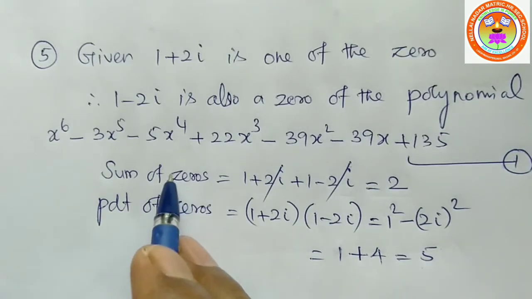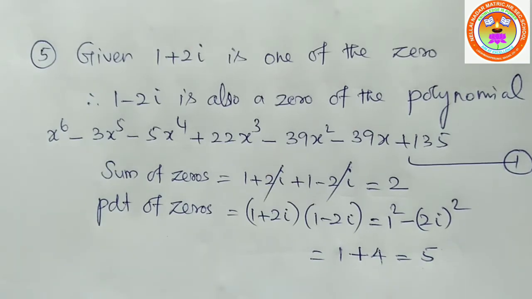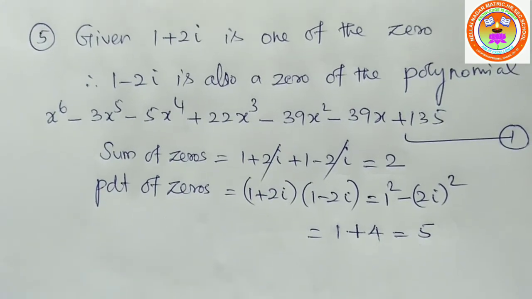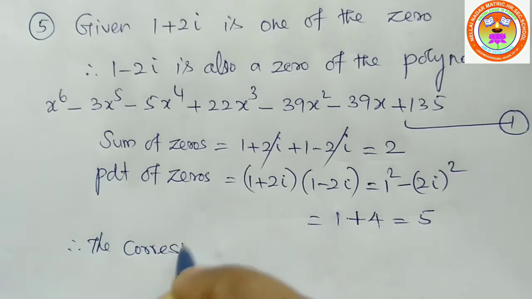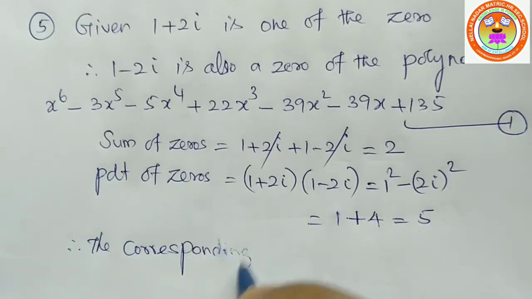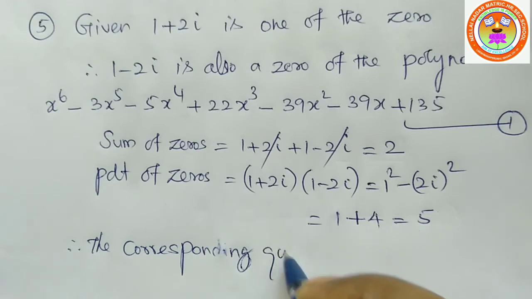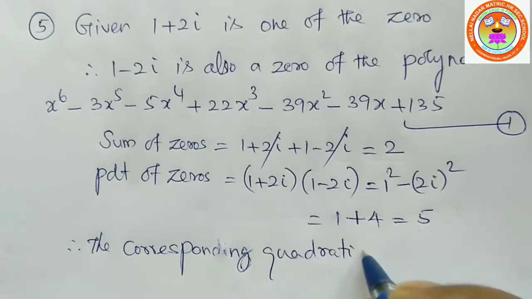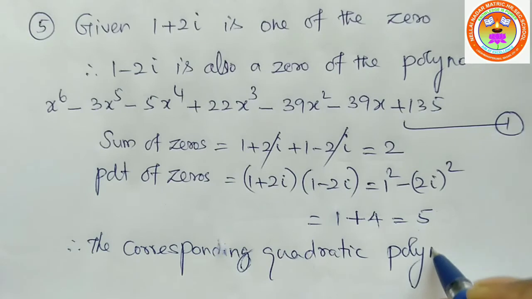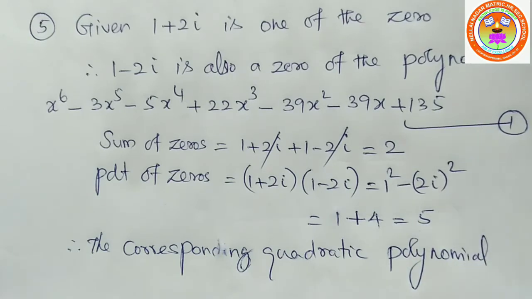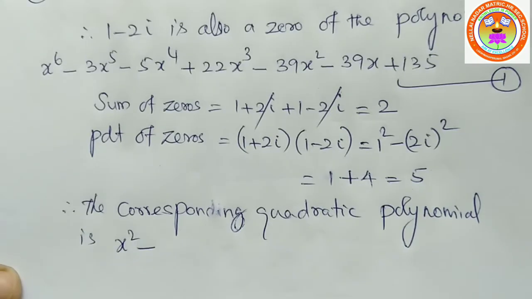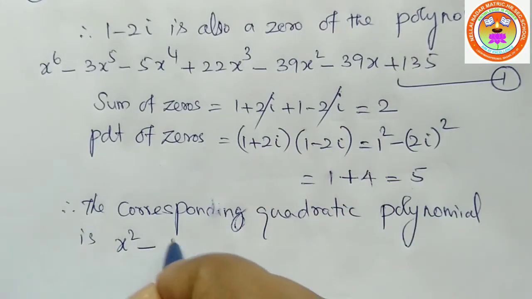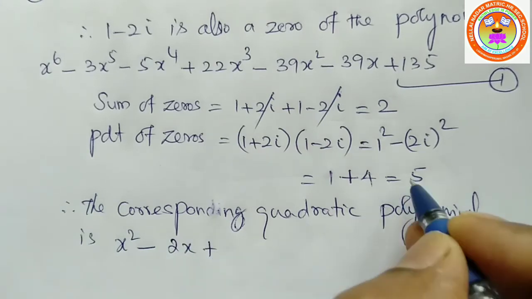So from this sum of zeros and product of zeros, we can form one quadratic polynomial. Therefore, the corresponding quadratic polynomial is x square minus the sum of the zeros, which is 2x, plus the product of zeros, 5.